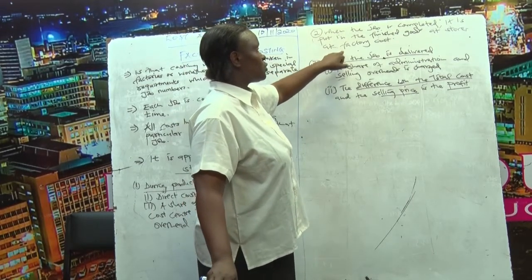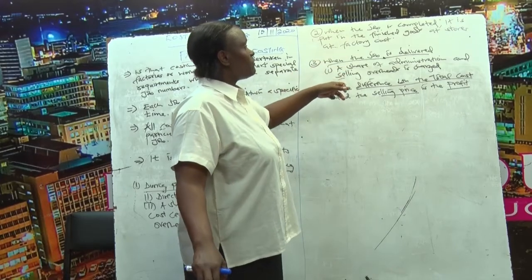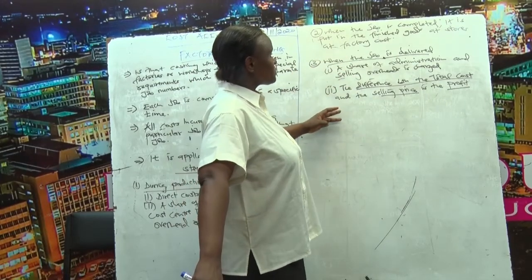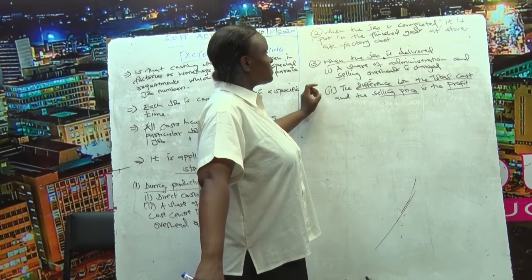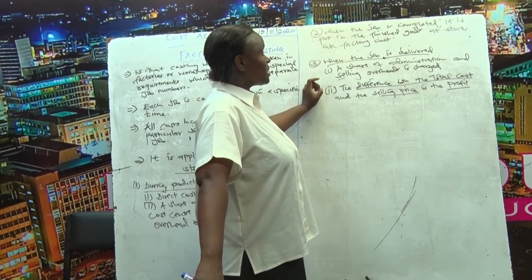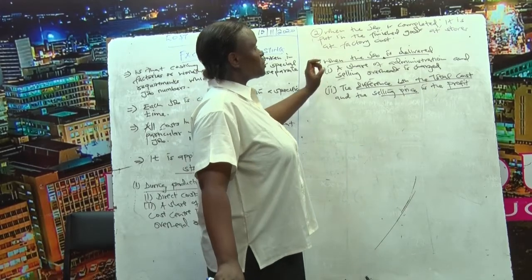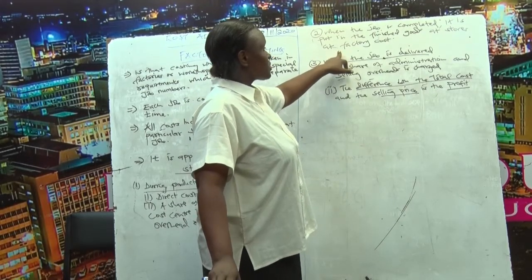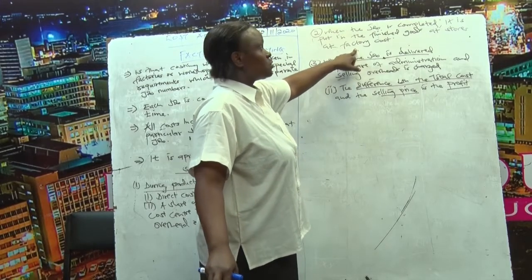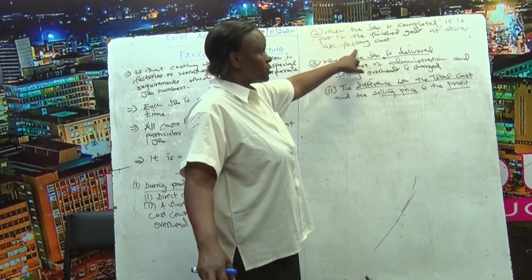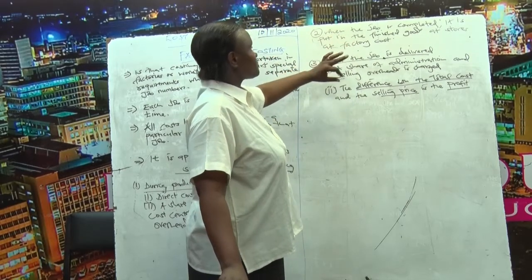You get the factory cost after you have added all the direct costs, meaning direct materials, direct labor, direct expenses. You get the prime cost, and then you add the production overheads. After adding those factory overheads to the prime cost, you get the factory cost. That is the cost which you are going to charge to the finished goods when you put them in the store before you sell them.